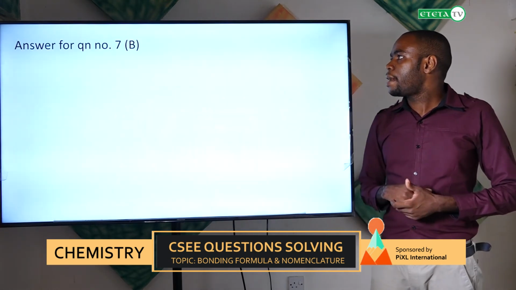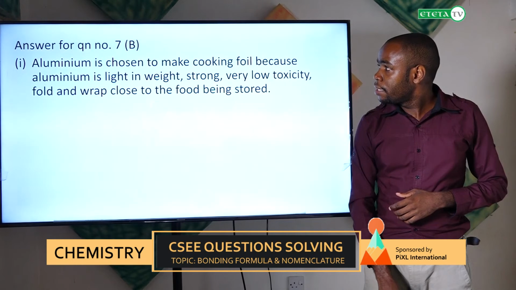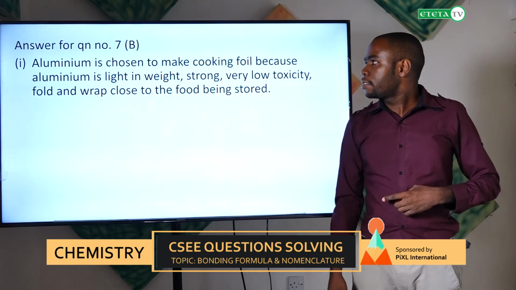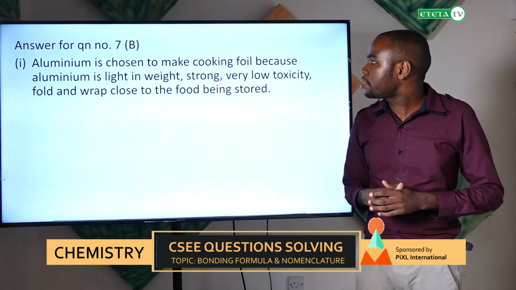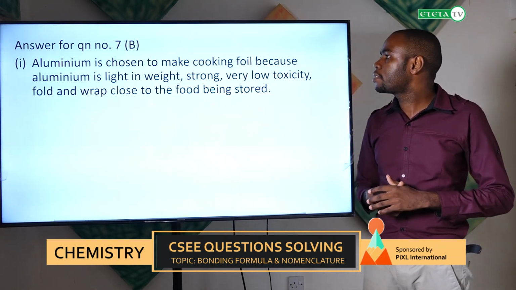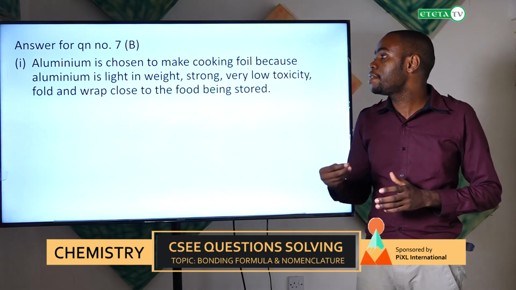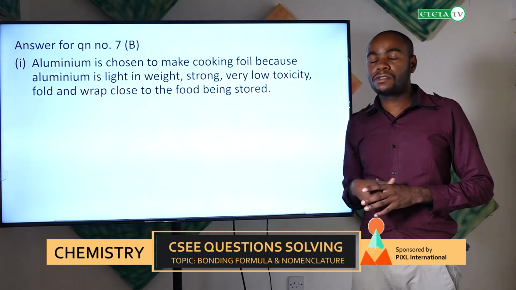Now, the answer for question number 7b. Roman 1: aluminium is chosen to make cooking foil because aluminium is light in weight. The first thing, aluminium is light in weight. But also aluminium is strong.